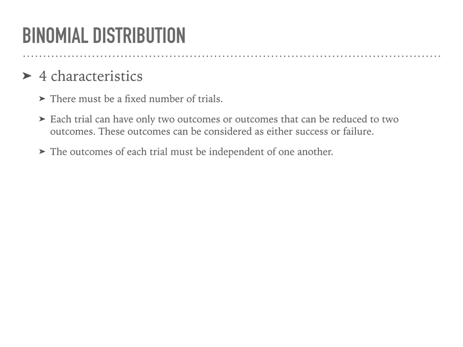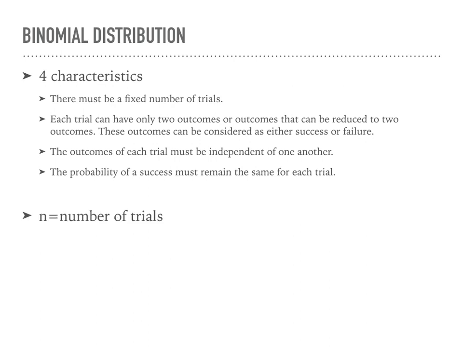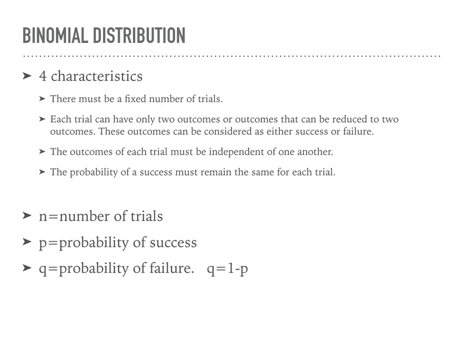The outcomes of each trial must be independent of each other, and the probability of success must remain the same for each trial. We're going to use n to denote the number of trials, p for the probability of success, q for the probability of failure. So q should equal 1 minus p because those are our only two options.